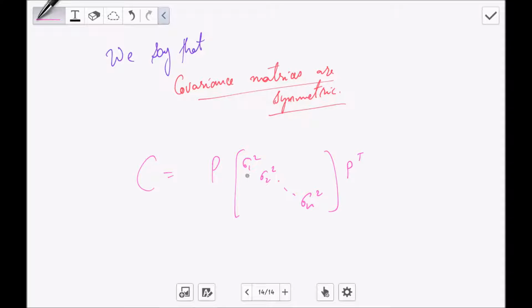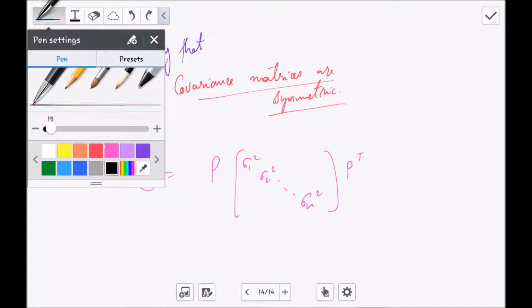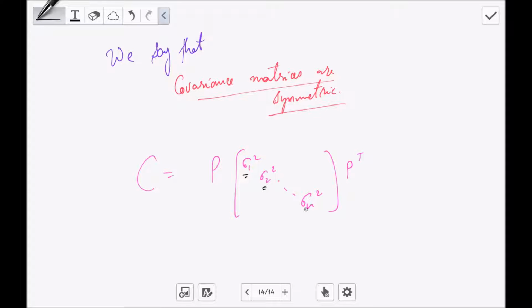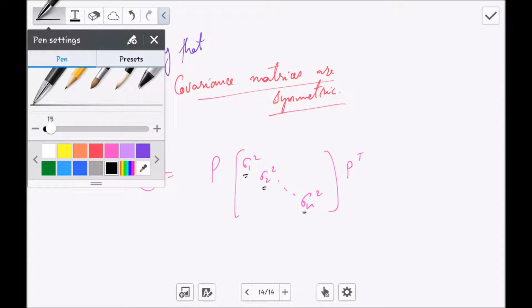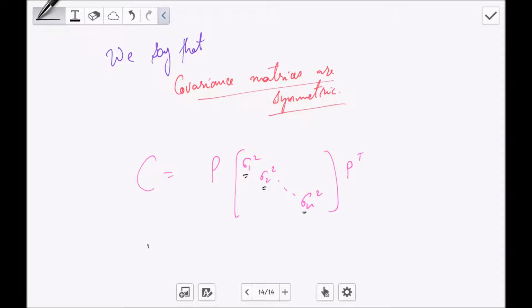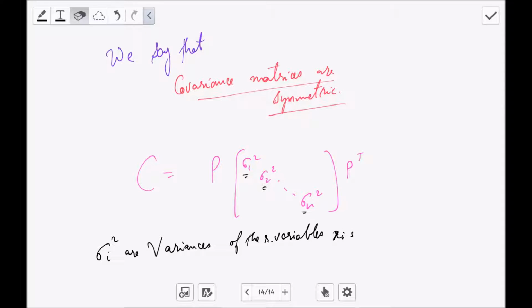Fine. Now what were these? The sigma i squareds are variances of the random variables xi's, aren't they? Sigma i squareds are variances of random variables xi's.